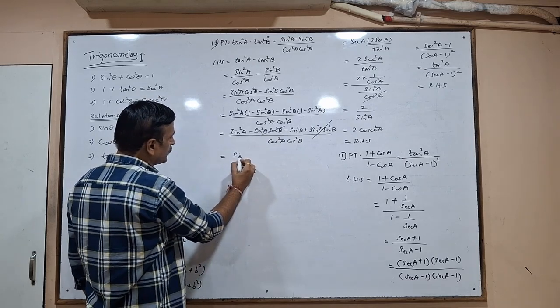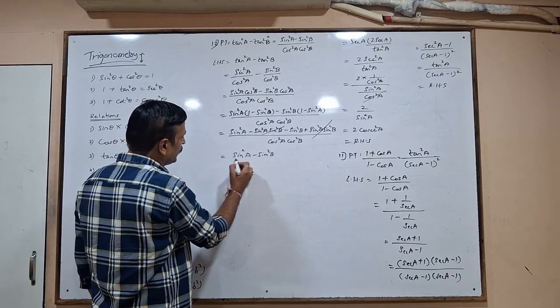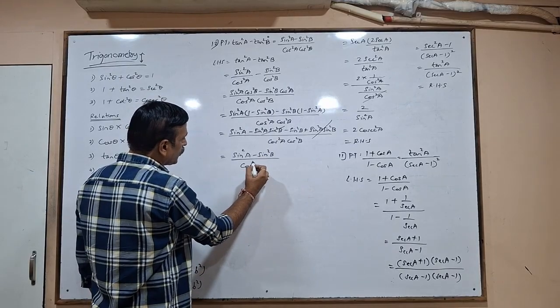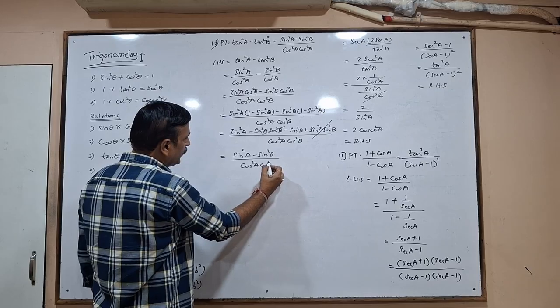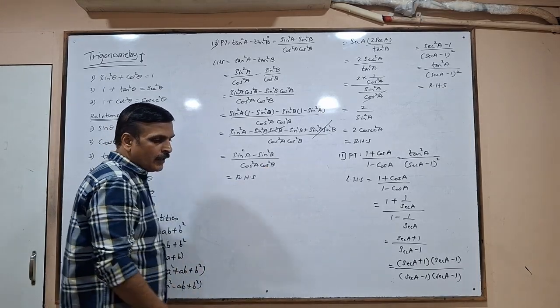So the result is sin square A minus sin square B upon cos square A into cos square B, which is RHS.